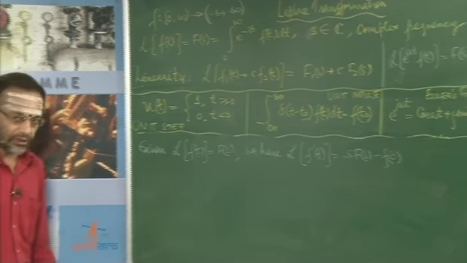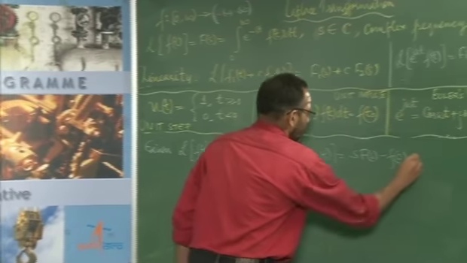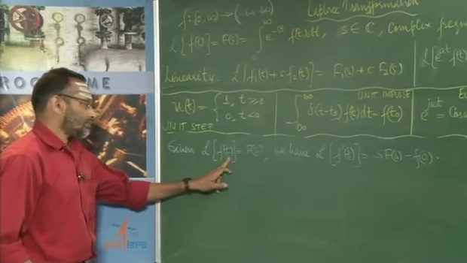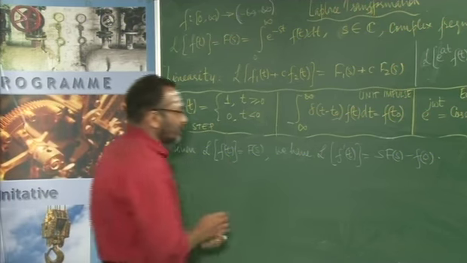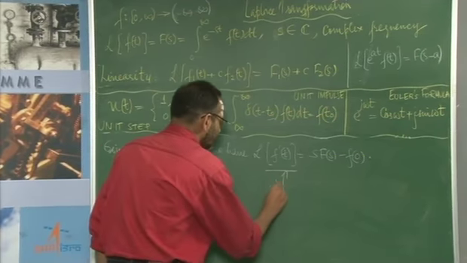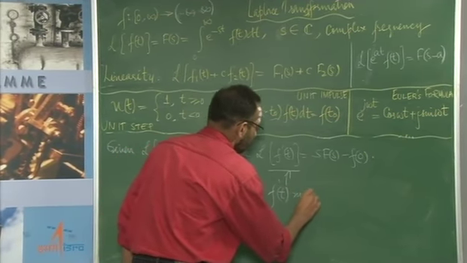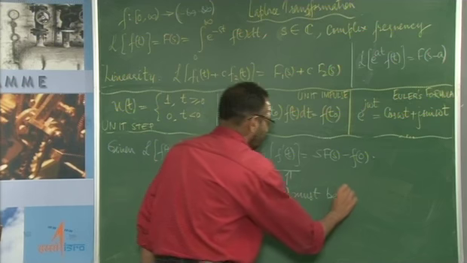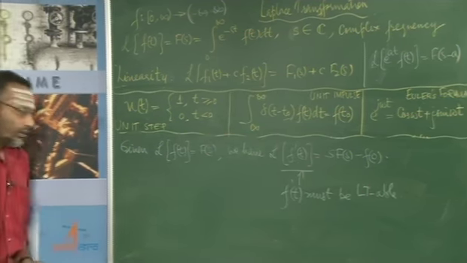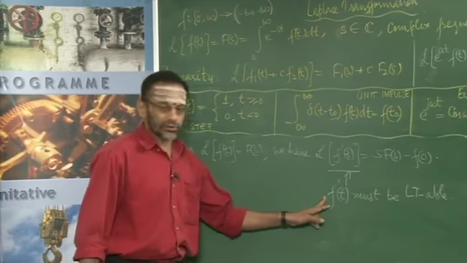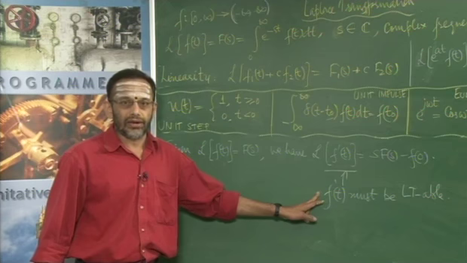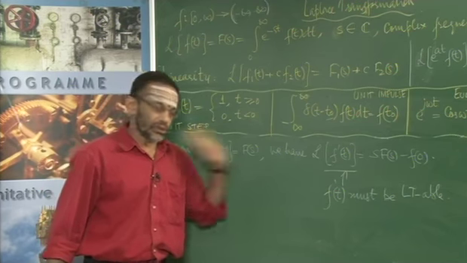All right, this is the formula which we already know. Now, for this to be valid, f of t must be Laplace transformable. Technically, before I can write this, I must also say that f dash of t must be Laplace transformable, which means it must also be regular, as we saw in the beginning of this lecture, and it must be of exponential order.